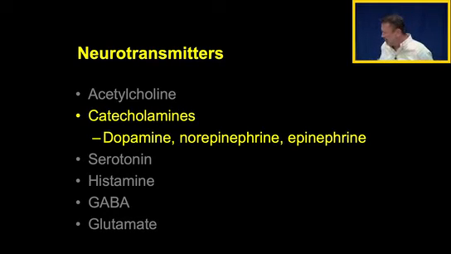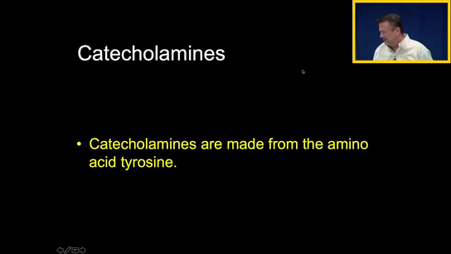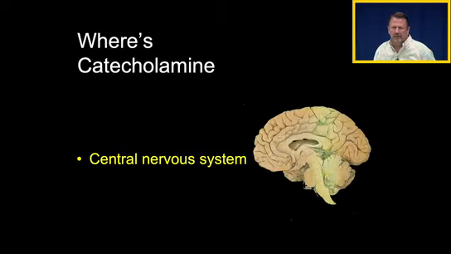However, for autonomic pharmacology, all you really need to know is acetylcholine, neuromuscular junction, nicotinic receptors; and acetylcholine, parasympathetic organ synapse using muscarinic receptors. For the catecholamines, all we'll talk about in autonomic pharmacology is norepinephrine and epinephrine. We'll talk a little bit about dopamine. All right, catecholamines are made from the amino acid tyrosine. I hope we go through that at the end of the lecture.